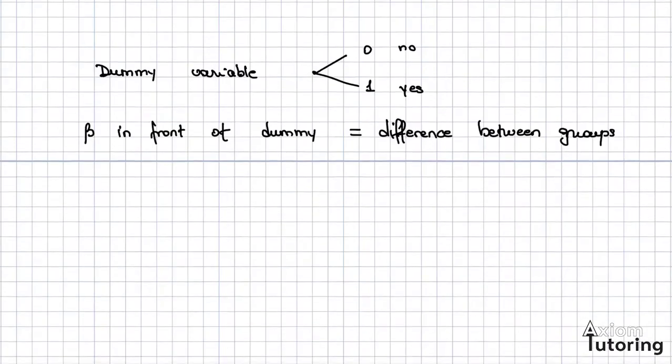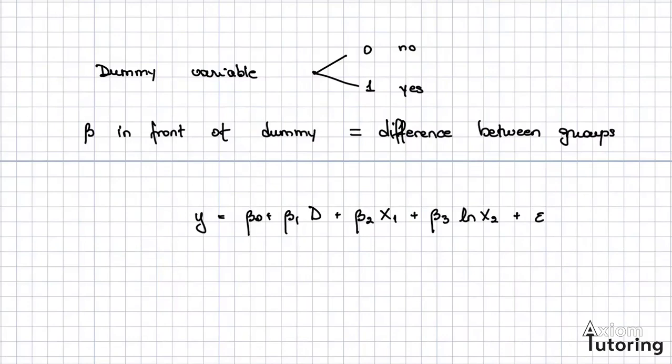So imagine we have a model y is equal to beta 0 plus beta 1 dummy plus beta 2 x1 plus, we can also add in here if we wanted, beta 3 ln x2 plus an error term.